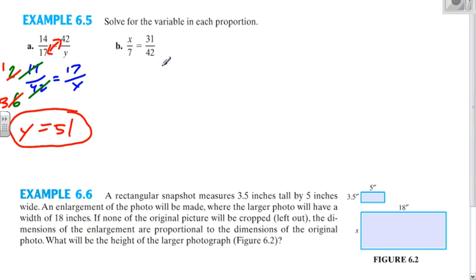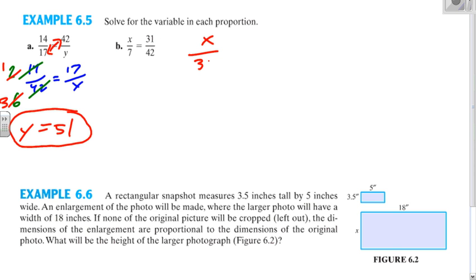For our next example, we would have 42 times x and 7 times 31. Not really a big fan of doing 7 times 31, so we can look for a little bit of a shortcut. Again, we can exchange the means.